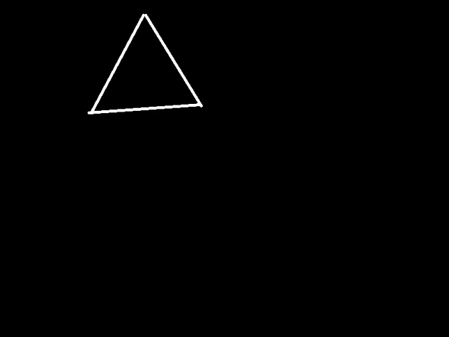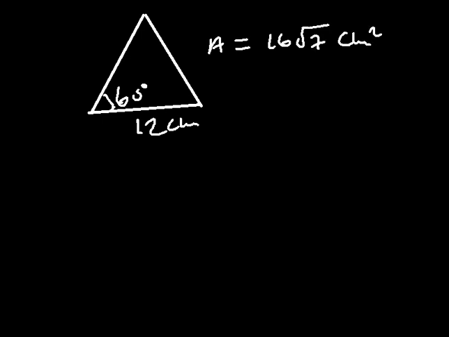And also try this and see how you can have it. Let's say this is angle 60 degrees, like that, and this is 12 centimeters. Now let's say the area of the triangle is given as 16 square root of 7 centimeters squared.